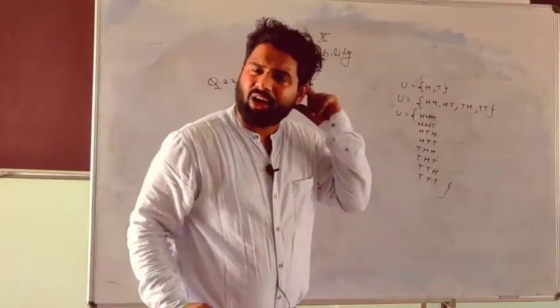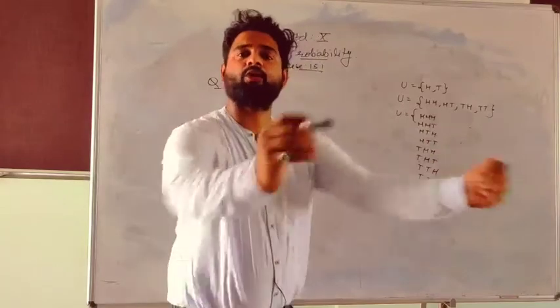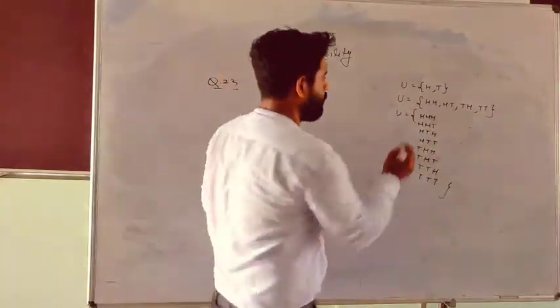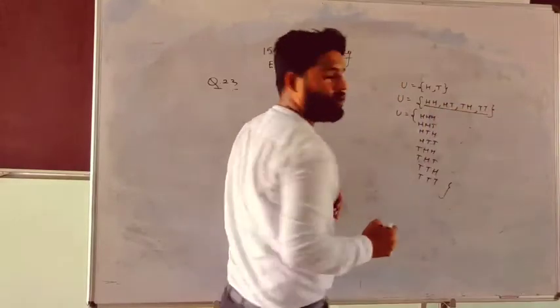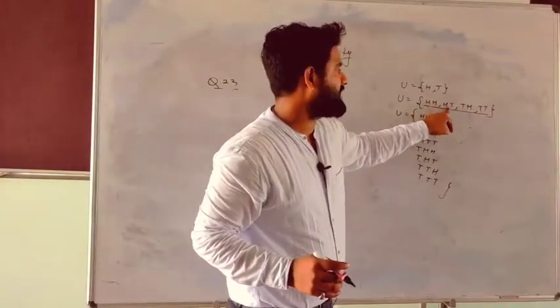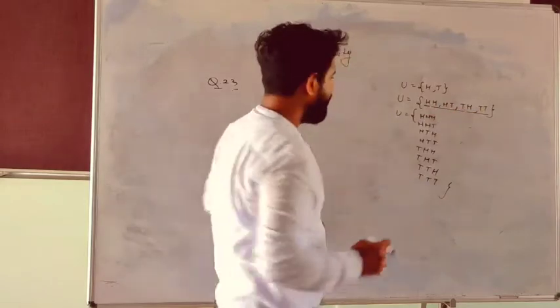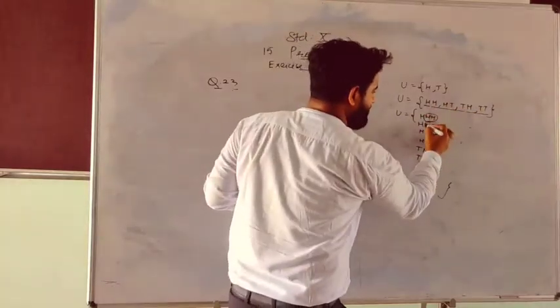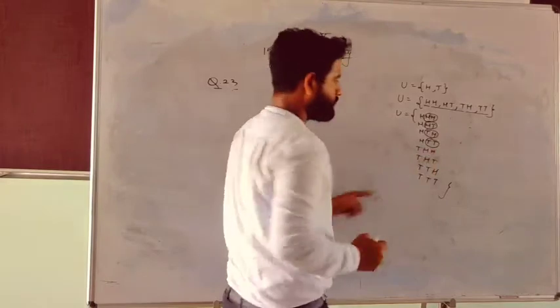Now how to remember this? Let me give you a trick to remember these 8 cases. You have to remember the sample space of tossing a coin 2 times, that is HH, HT, TH, TT. Repeat it again, HH, HT, TH, TT.